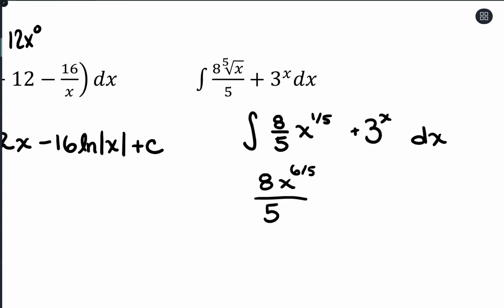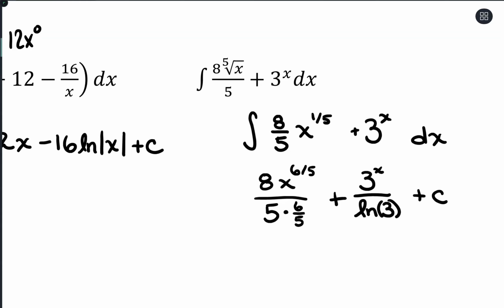And then in the denominator, where I kept the 5 down there, I'm going to multiply that by 6/5. And then plus, so the antiderivative of an exponential function, in this case base 3, we would keep 3 to the x in the numerator, but then divide by the natural log of the base of 3, plus c.